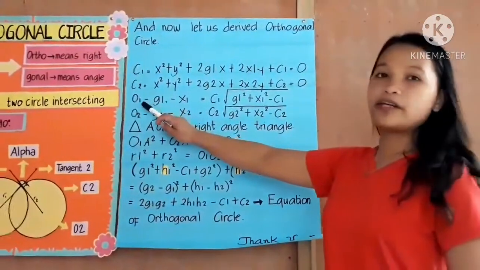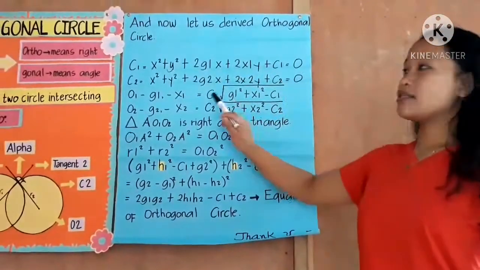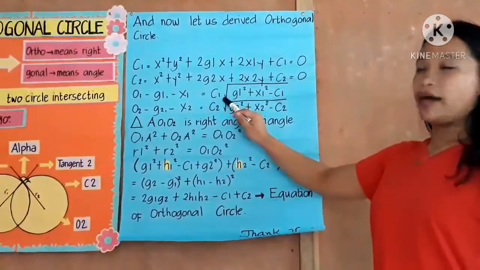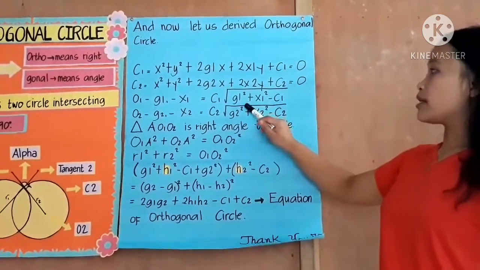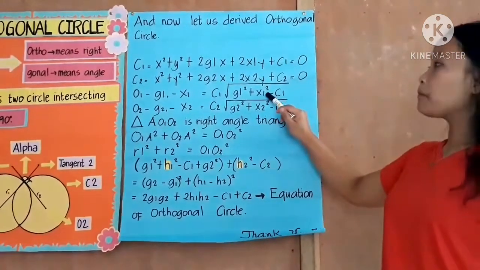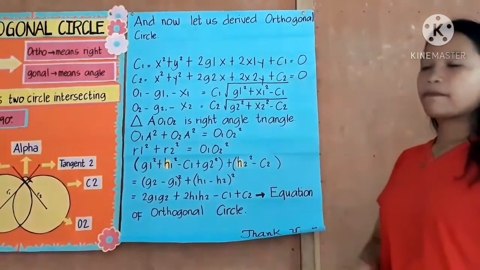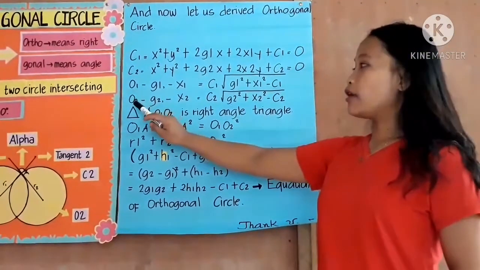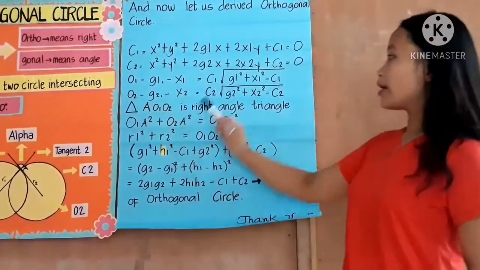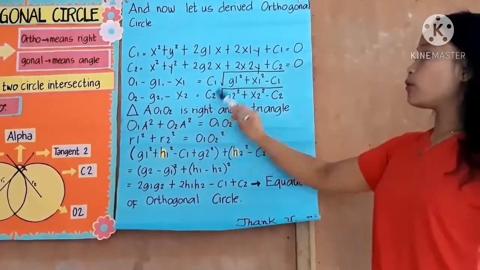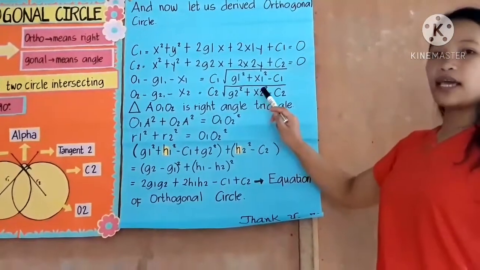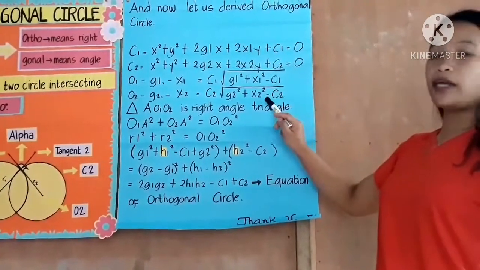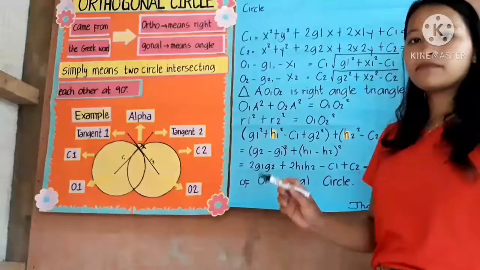The radius of O1 is equal to the square root of g1 squared plus h1 squared minus c1, and the radius of O2 is equal to the square root of g2 squared plus h2 squared minus c2.